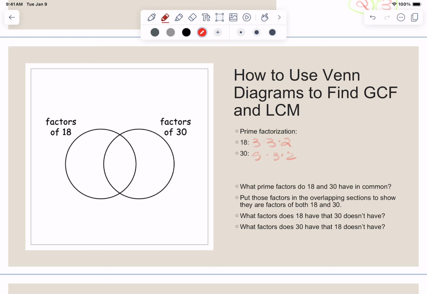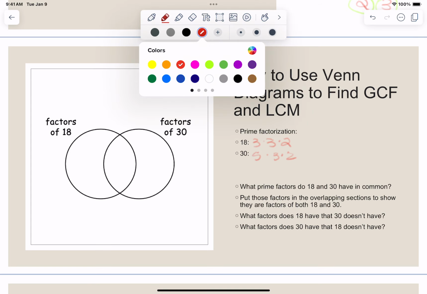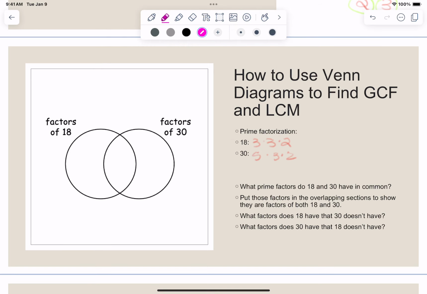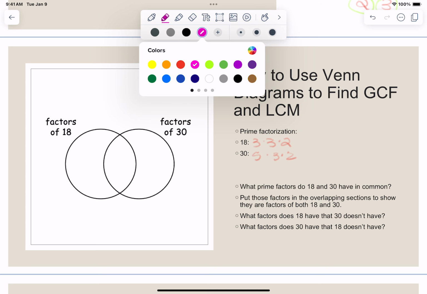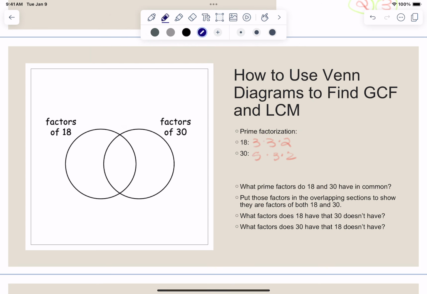What we want to do is figure out what two numbers that 18 and 30 have in common. So when I'm looking at this, I'm going to say that they both have a 2 in it and they both have a 3 in it. And we're going to put those in the space that's overlapping. The space that's overlapping of these circles is this space right here.